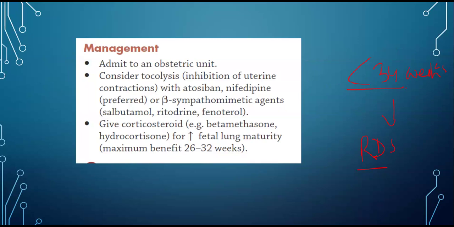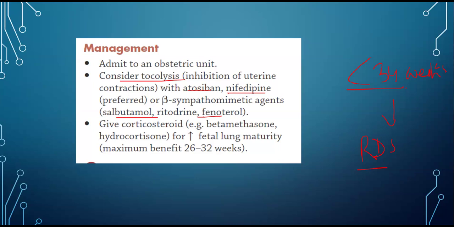So that's where you get the tocolytic agents. Tocolytics are medication which can inhibit the uterine contraction. So we have got nifedipine, we have got salbutamol. Any of these can be used to prevent any contraction. If contraction can be inhibited, then most likely you can also prolong the pregnancy.